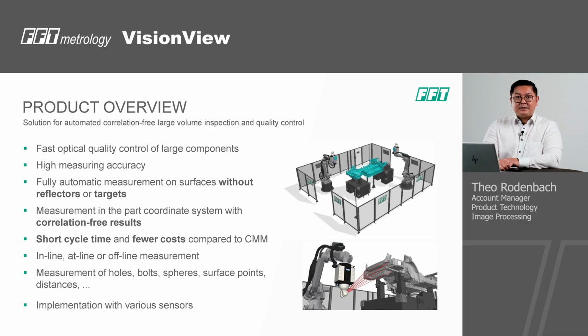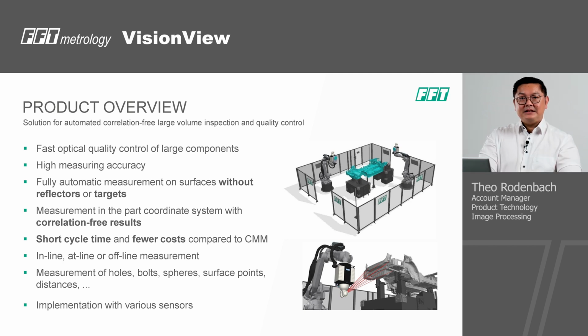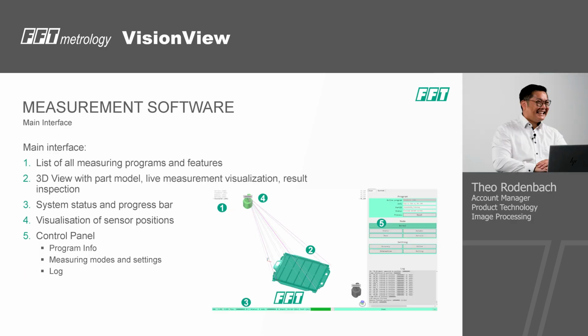VisionView lets us create and manage measuring programs for different parts and interactively inspect measurement results at the station. PLC integration, temperature compensation, several part alignment strategies and intelligent measurement strategies for short cycle times make VisionView the perfect solution for fully automatic measurement with high measurement accuracy.